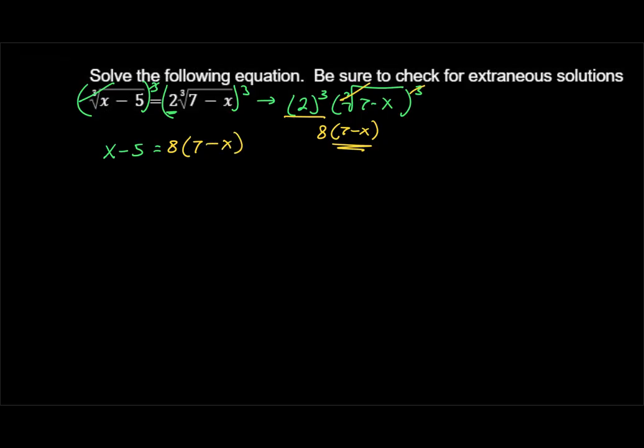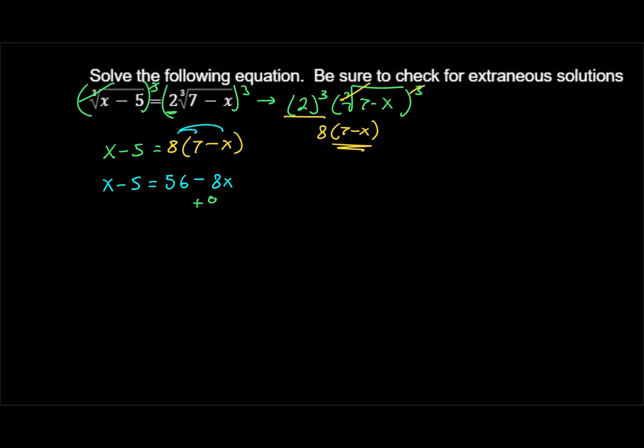So now we can finish solving, so I will have to distribute here. So we have x minus 5 equals 8 times 7 is 56 here, and then 8 times negative x is negative 8x. Then from here we just have to finish solving this equation. This is still a linear equation, so I'm going to move all the x's to one side.